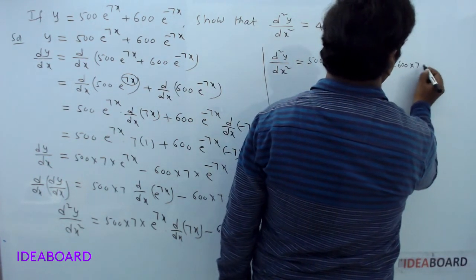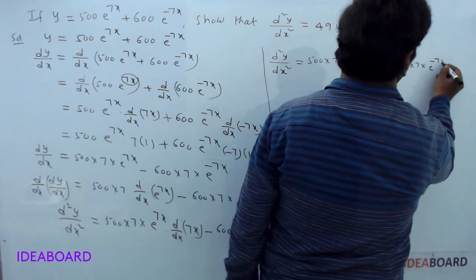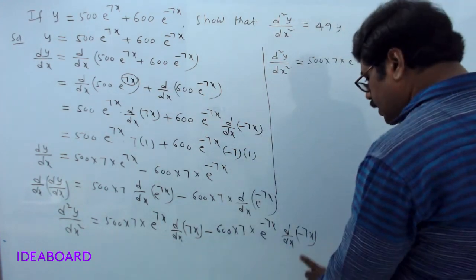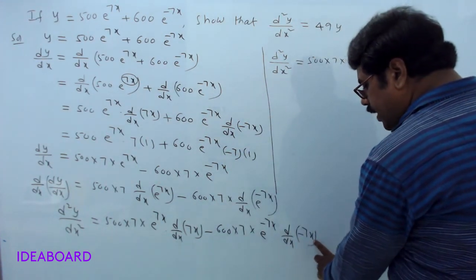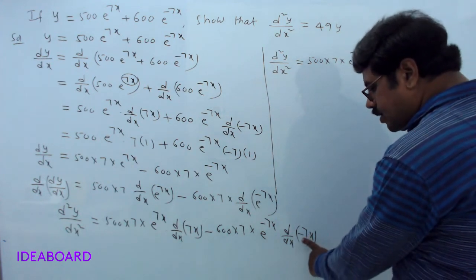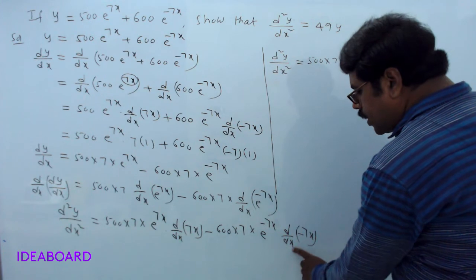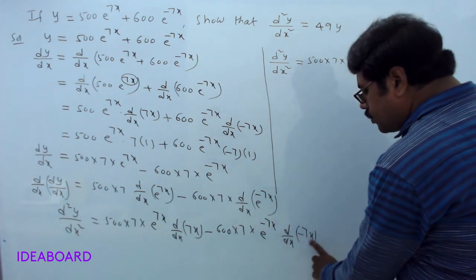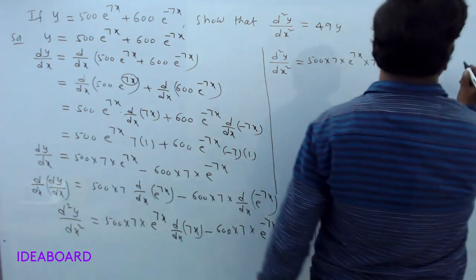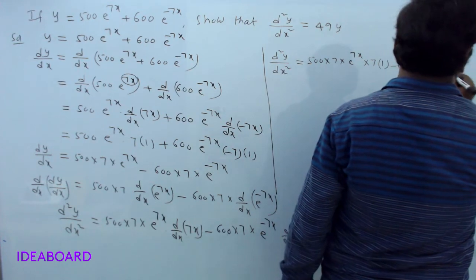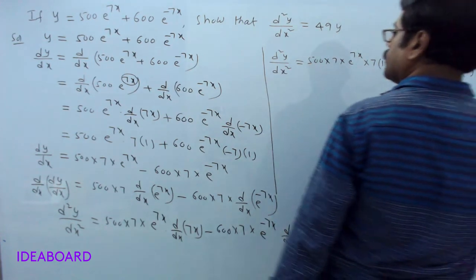600 into 7 into e^(-7x) into the derivative of -7x. Here -7 is the constant term, so -7 into the derivative of x. Again the derivative of x will be 1, so it should be -7 into 1.